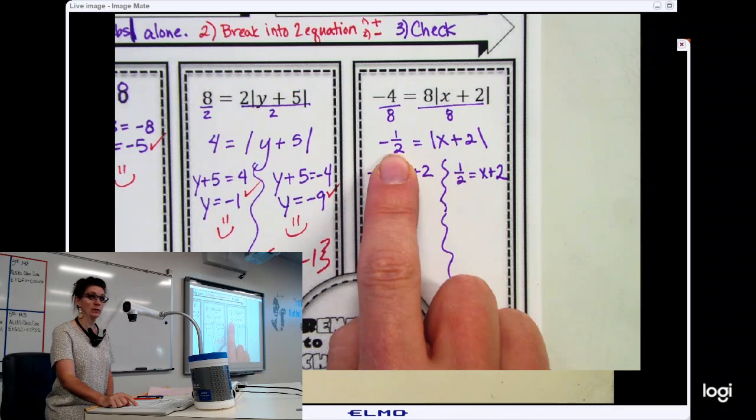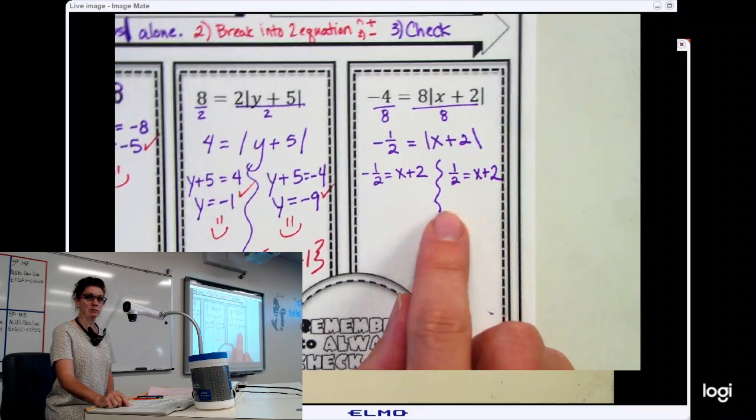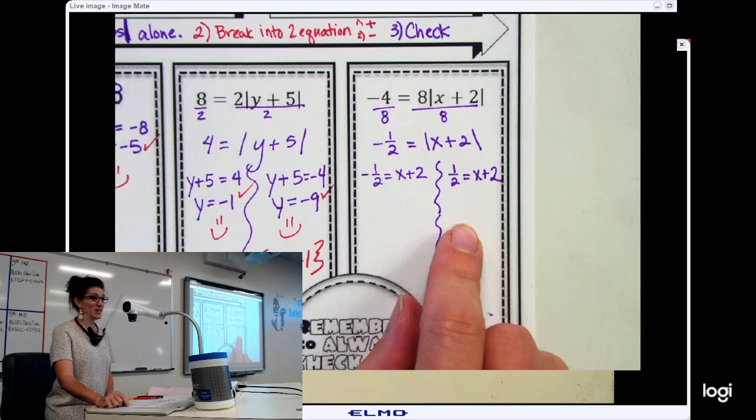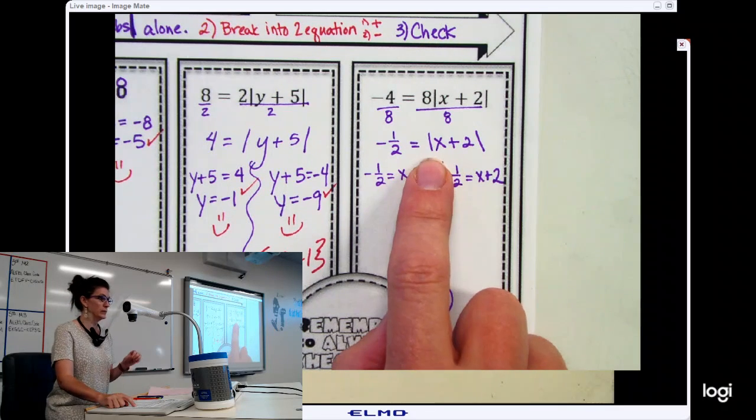But by definition, we know the absolute value needs to be positive. So I could keep doing this work, and chances are there might be a problem that you don't catch and you end up doing the work. But what do we know right here if we do catch it? It's impossible.